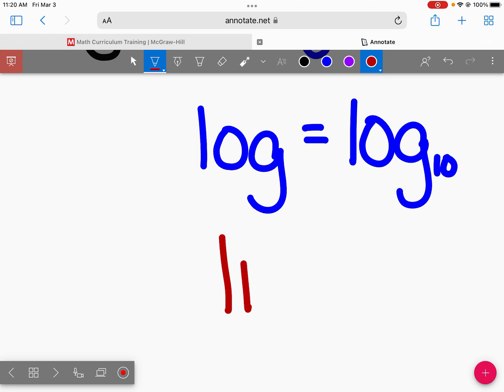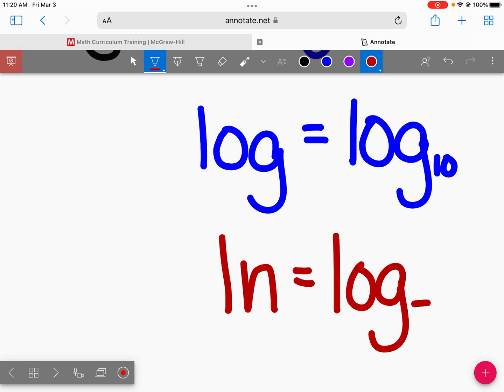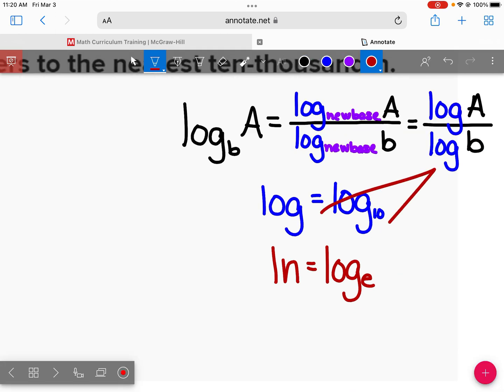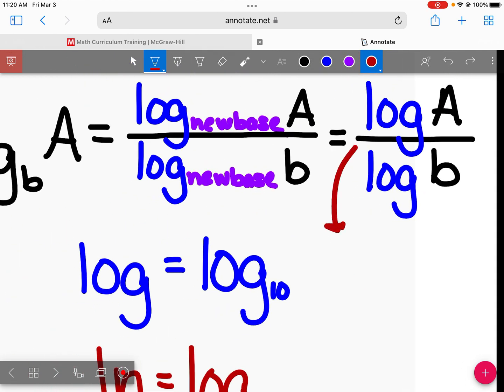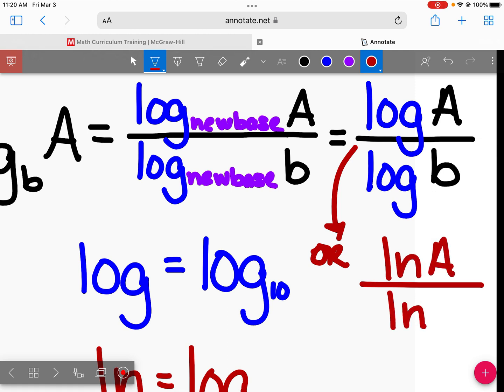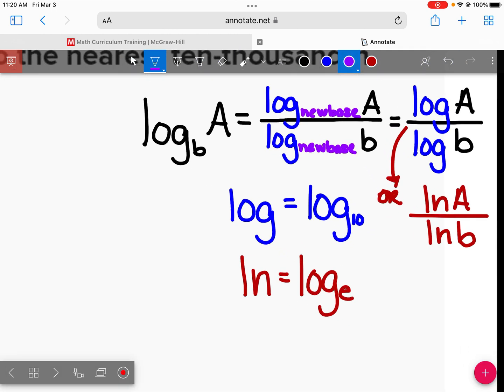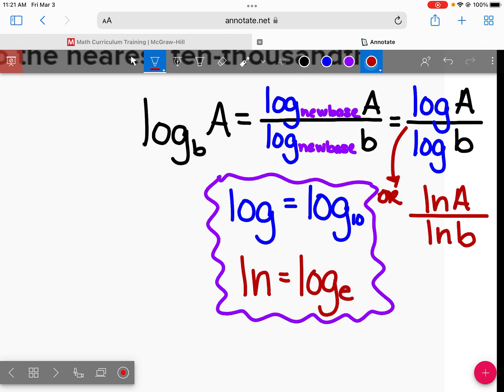If you see LN, that's the same as log base E. So if I'm going to change the base, I could use log base E, because that's also one that's on my calculator. I can use either one of those because both ln and common log are on my calculator.